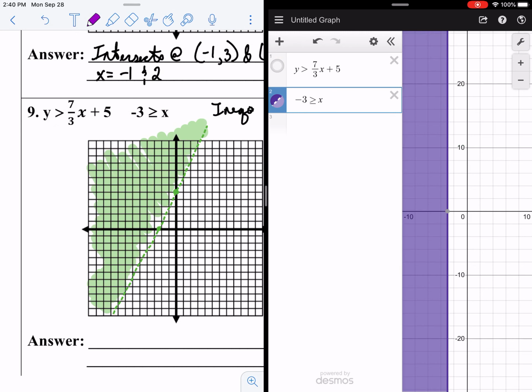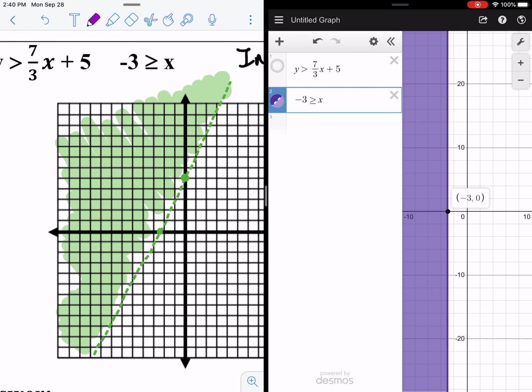I'm going to hide this one. I only have one point at -3, and it's shaded to the left.